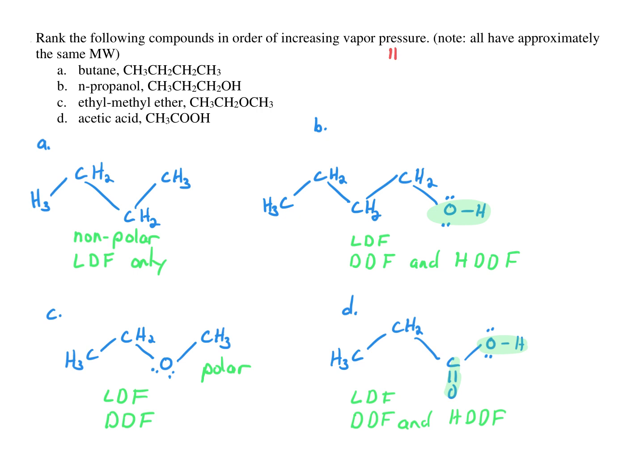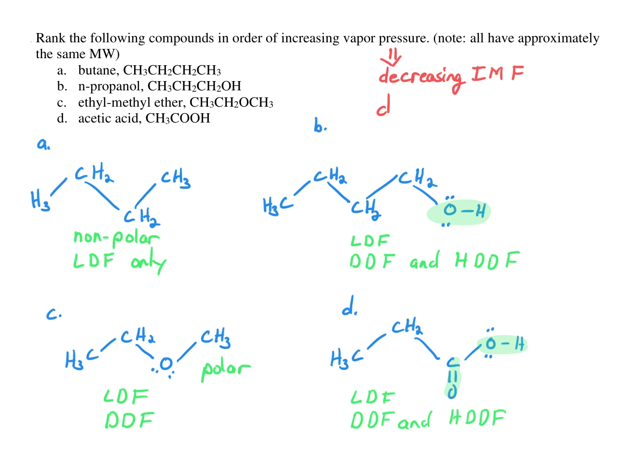To answer our question, we're looking for things in terms of increasing vapor pressure, and that means they need to be in order of decreasing intermolecular forces. The one that has the strongest intermolecular forces is D, because there's a polar group as well as hydrogen bonding.